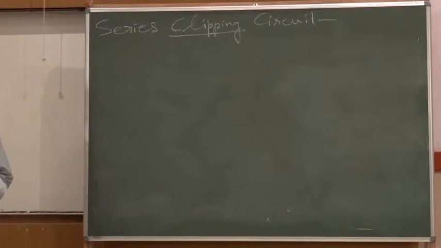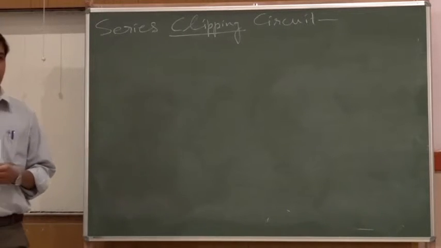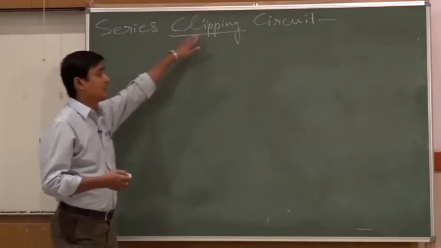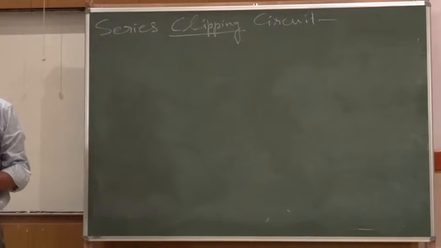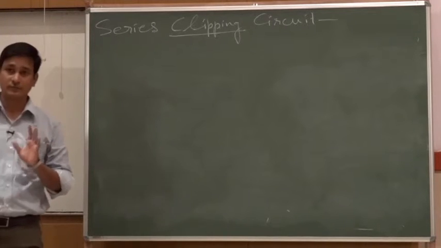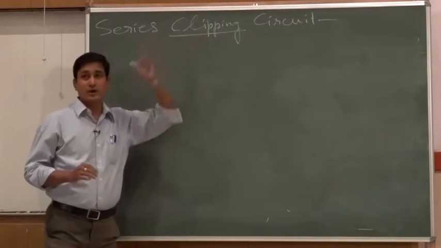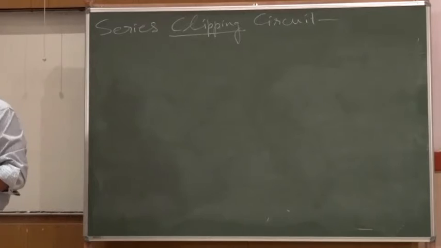This is one application of a diode in an electrical circuit, where the circuit is named the series clipping circuit. Series is for a different reason, because we will be connecting the diode in series form. But clipping is the most important word here. What do you mean by clipping of something?